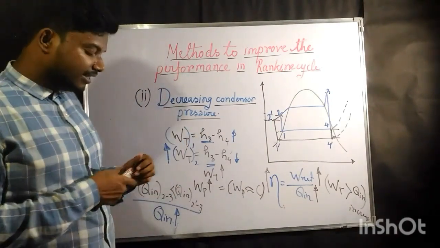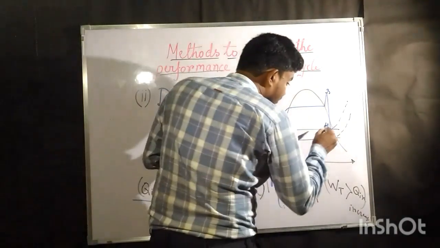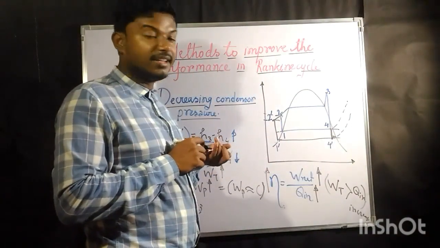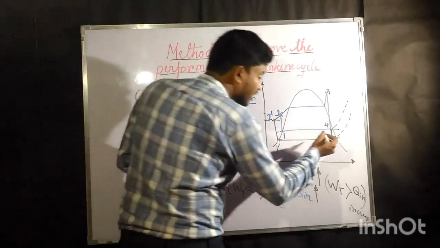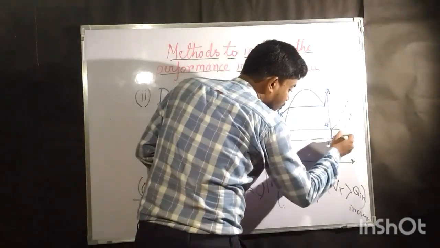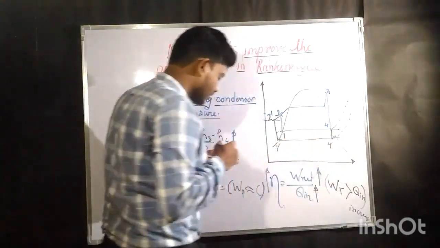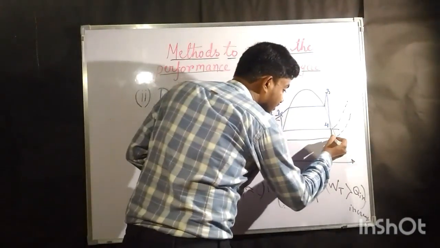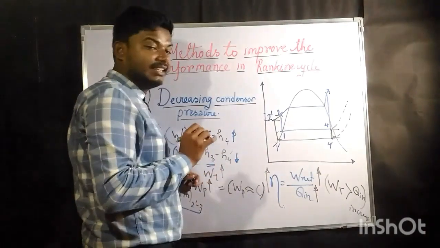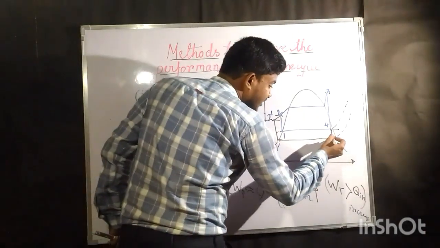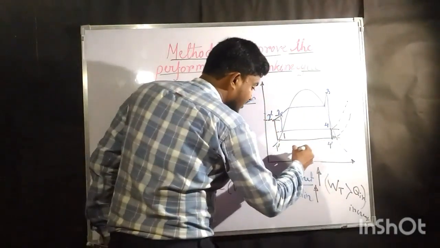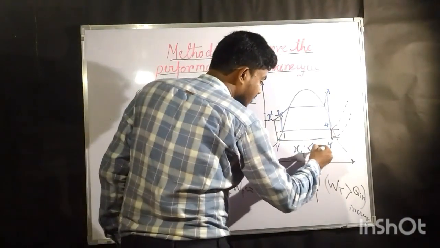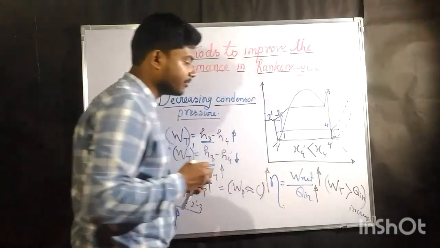Another thing is that previously point 4 was closer to the saturated vapor line. Now at lower pressure, there is a noticeable gap between the saturated vapor line and point 4. That means the dryness fraction at point 4 dash is obviously lower than the dryness fraction at point 4.